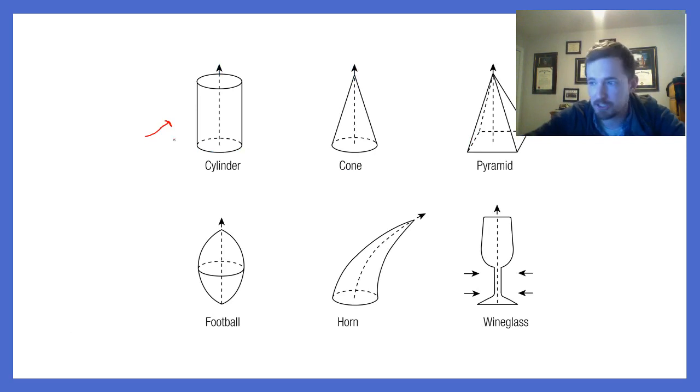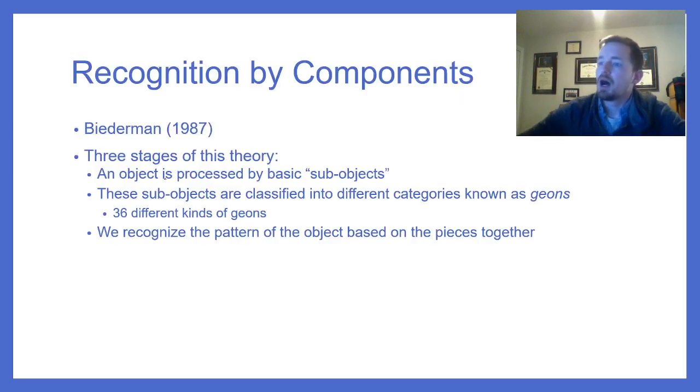That's a very basic shape. A football shape, a cone shape. You get the idea. So there are 36 of these different ones. Biederman thought that this is basically as simple an object as you can get. You can't reduce a pyramid into a smaller sub-object, according to Biederman. So you can think of them as elemental shapes, that all shapes are built out of these elements. And finally, what we do is we recognize the pattern in which those objects are put together.